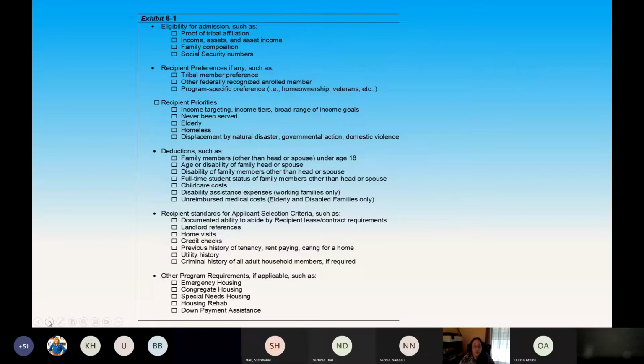Deductions such as family members other than the head or the spouse or the co-head under 18, age and disability, family head or spouse, disability of family members, child care cost, unreimbursed medical, so those standard 5 we went through, recipient standards for applicant and selection criteria, landlord references, do you require them?